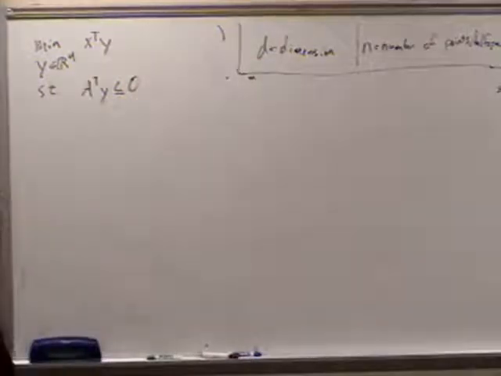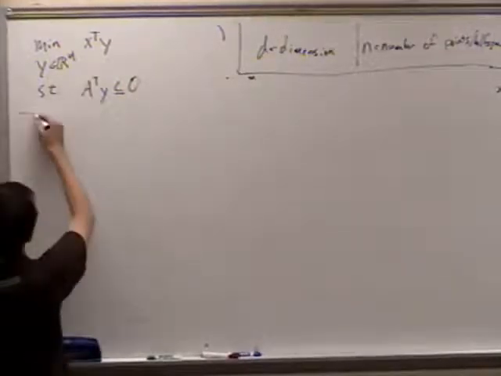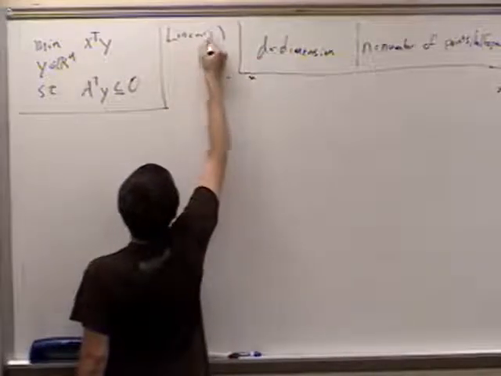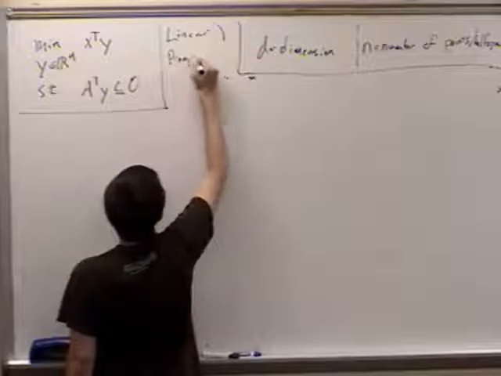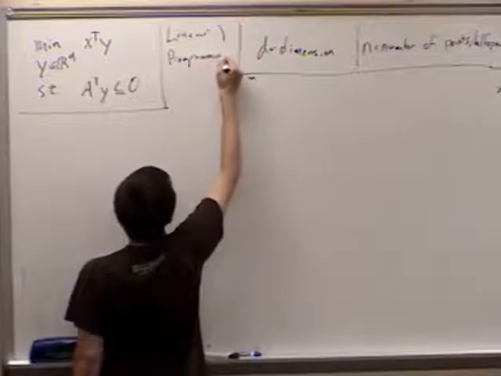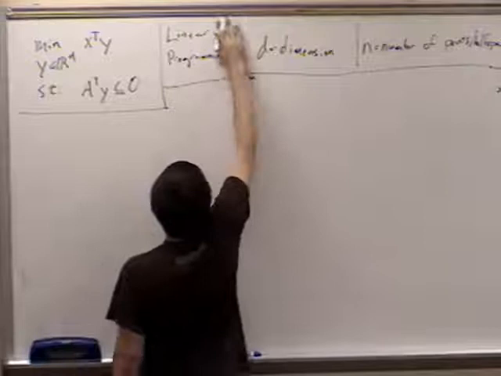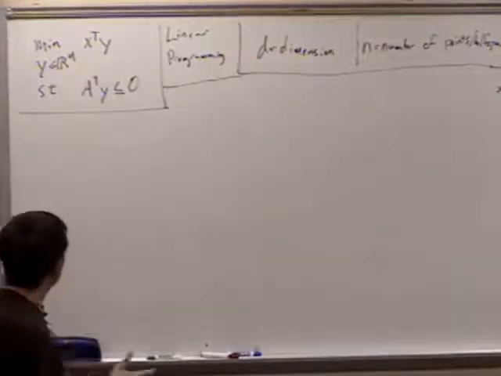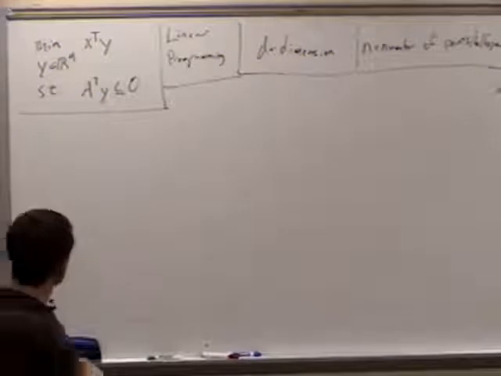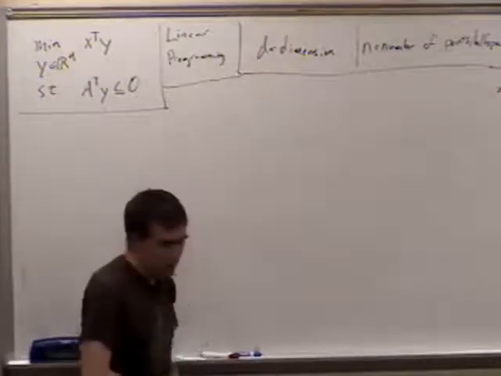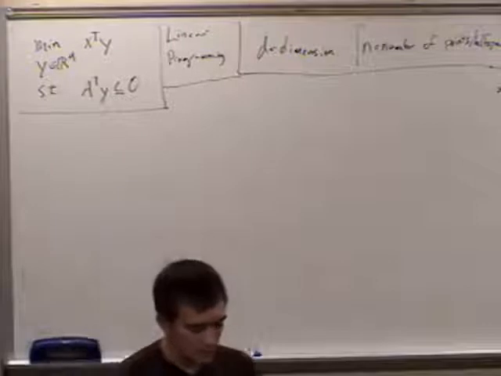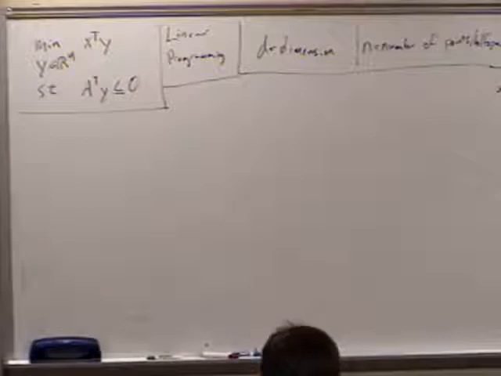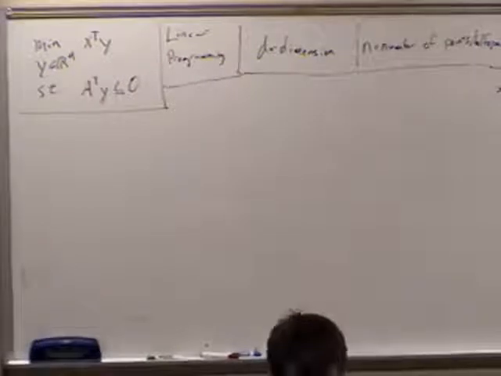This is the fundamental problem, and it's a linear program. Again, we'll start out with a variation on brute force, but we'll see that we can very quickly modify it into something a little bit better.